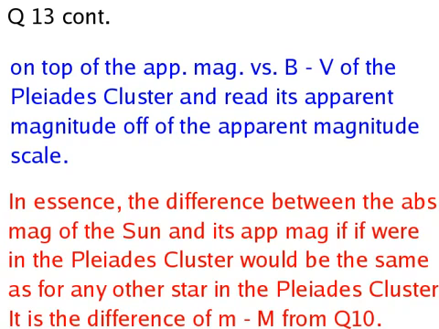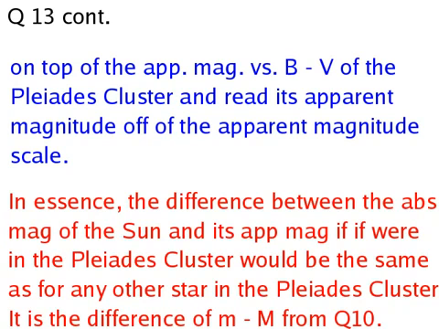So in our example, the difference was 3.9 between apparent and absolute. But of course, in the actual experiment, you should get a number closer to 5. In our example, I just made up these numbers, so they're a little bit different from what you actually get.